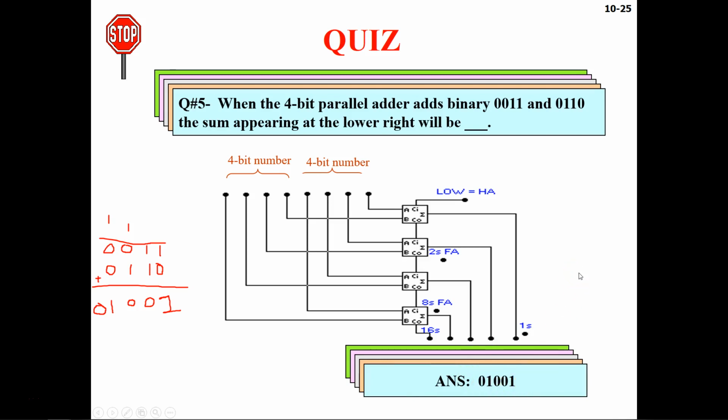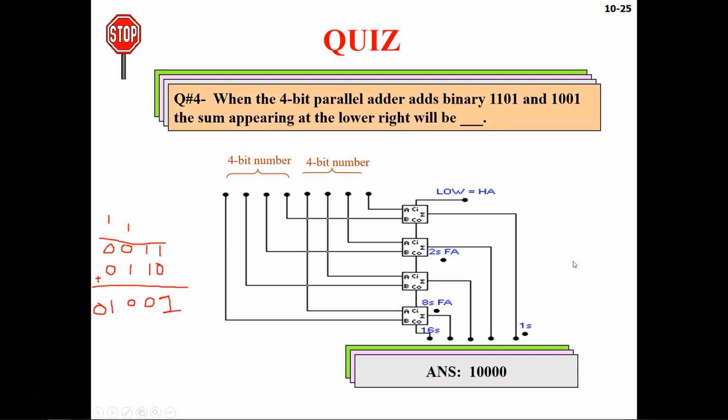All right, I will quickly take an example for this one. This was the interesting case. So let's do it here: 1101, and then 1001. We have to add these two numbers.